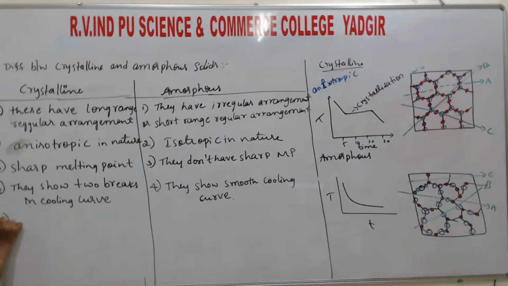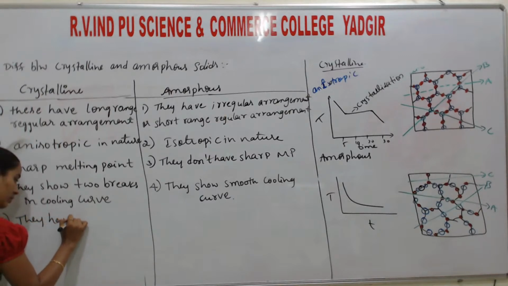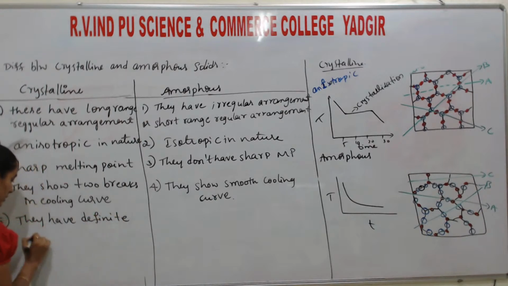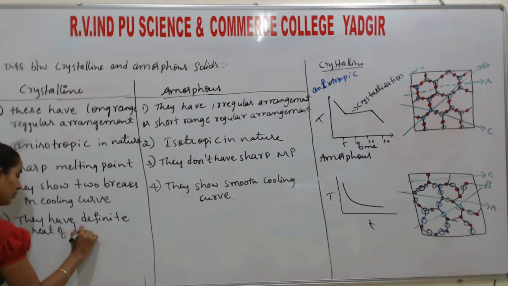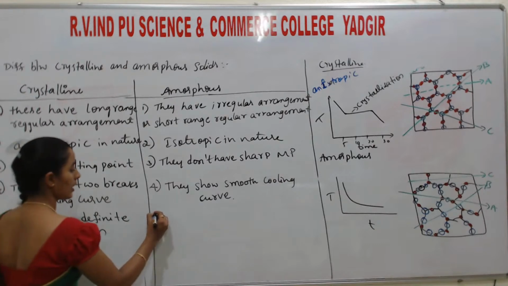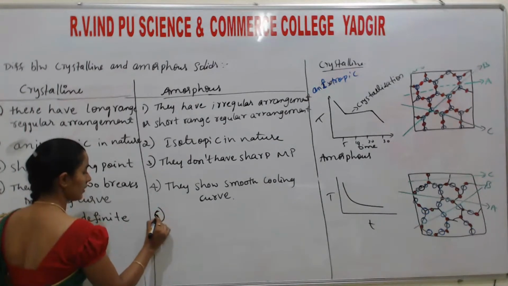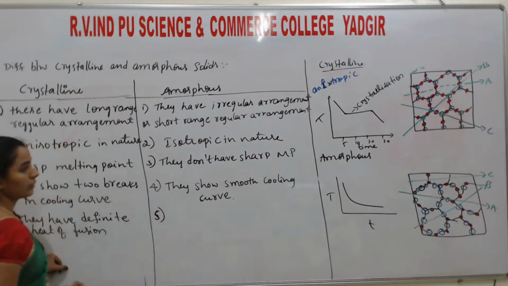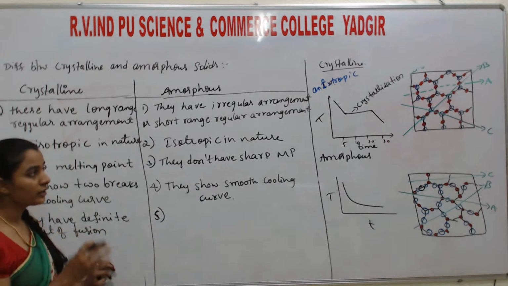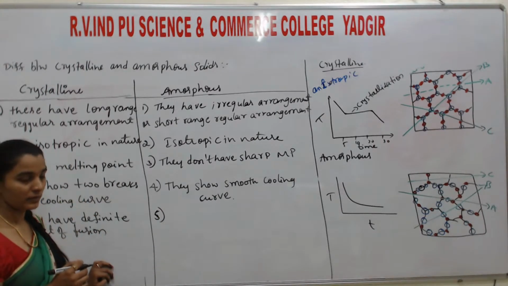Next, they have a definite heat of fusion. Definite heat of fusion means they release or absorb some amount of heat when they crystallize.